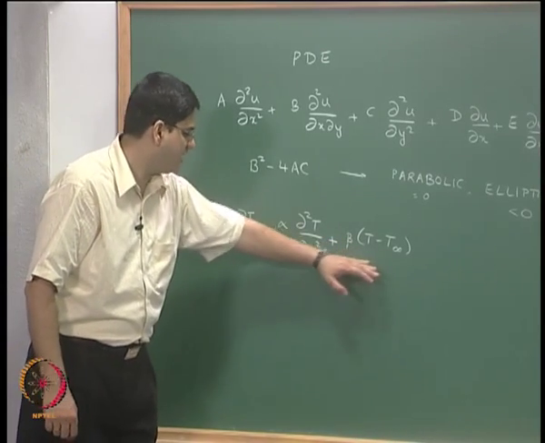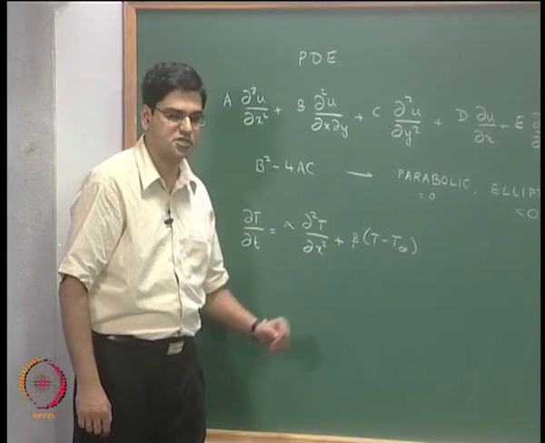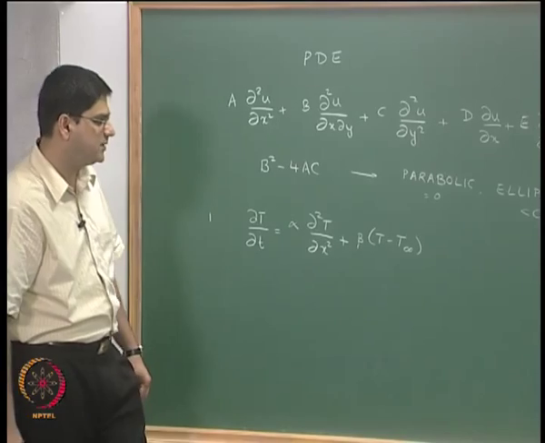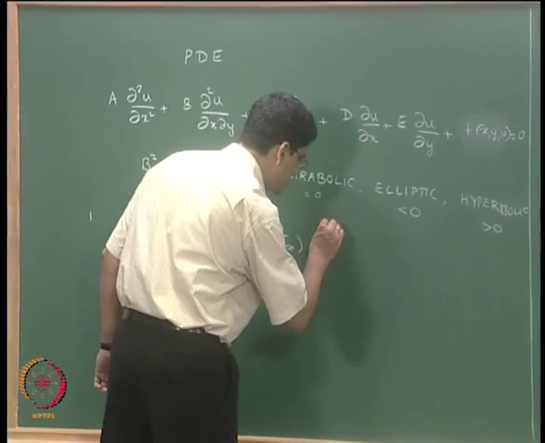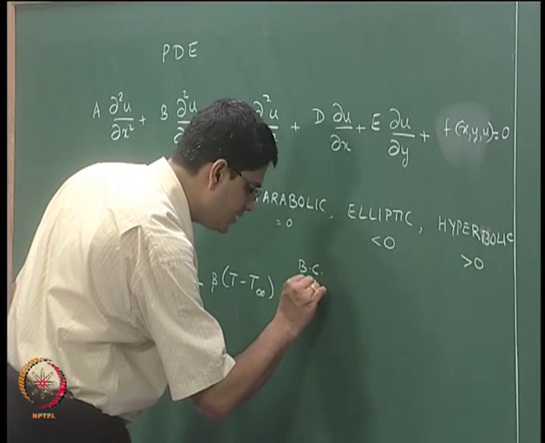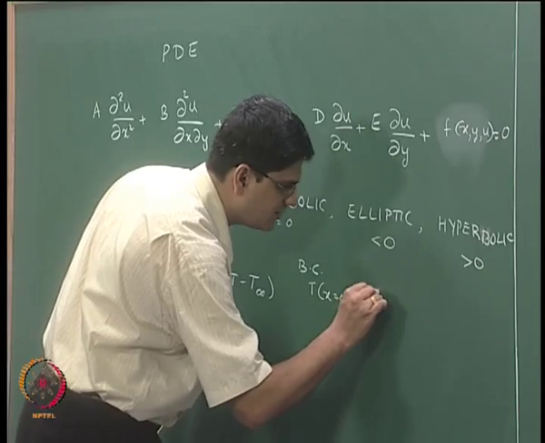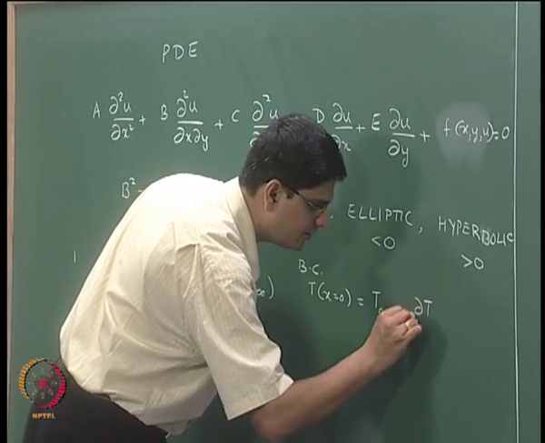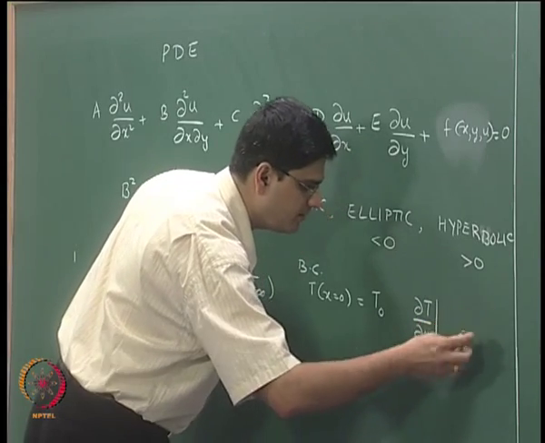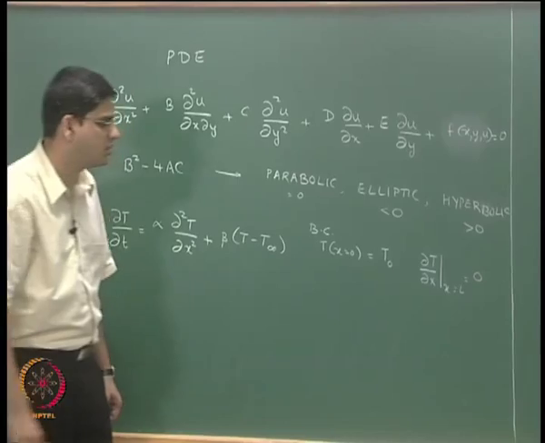We require initial conditions at time t equal to 0 and boundary conditions at two different locations of x, and typically the boundary conditions in this particular case are T at x equal to 0 is some T0, and ∂T/∂x at x equal to L can either be some T1 or some T1', or it could be 0.